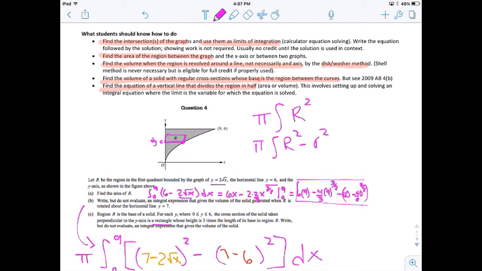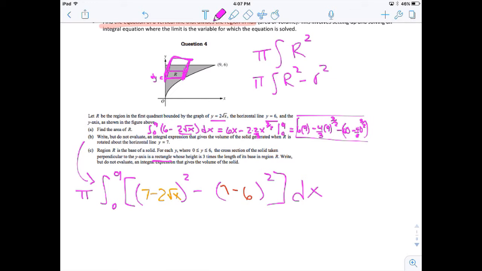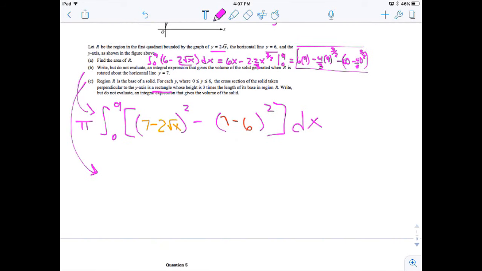So actually it would be a pretty tall rectangle. Again, do not evaluate an integral expression for this. The area of a rectangle whose height is 3 times its length would be L times 3L, or 3L squared. So the thing you're taking the integral of is 3L squared, but we just need an expression for L.